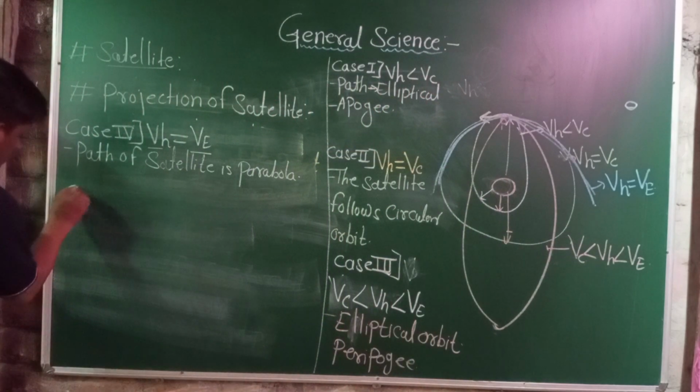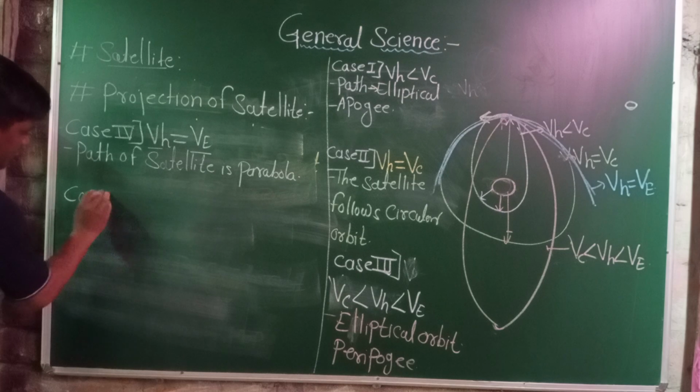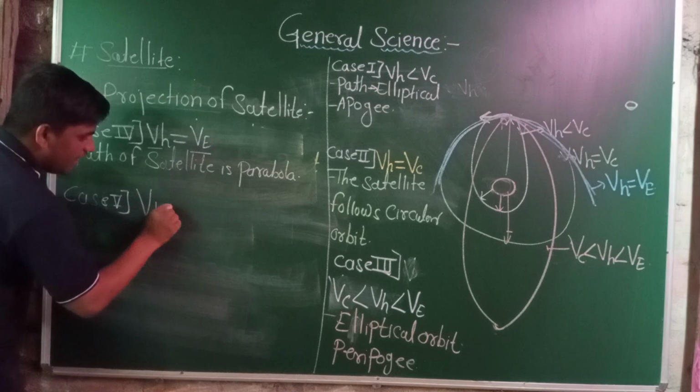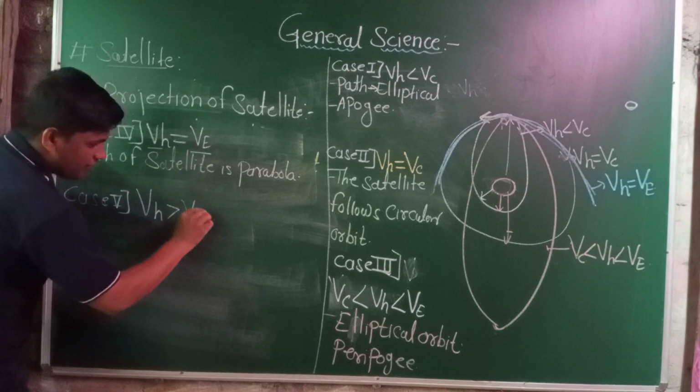Then another one, the last case, case 5. This is the last case, when the horizontal velocity is greater than the escape velocity.